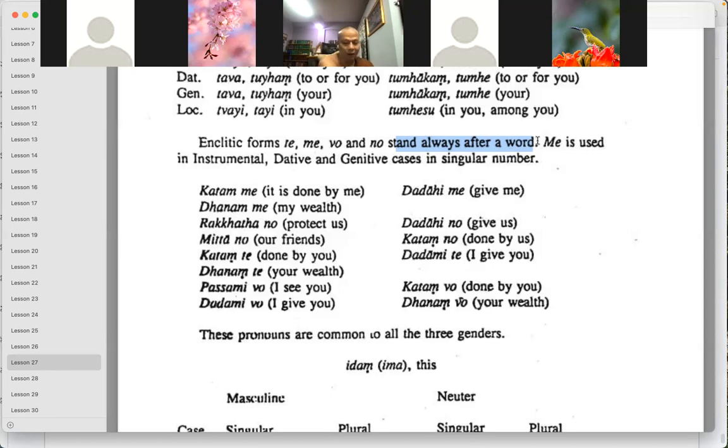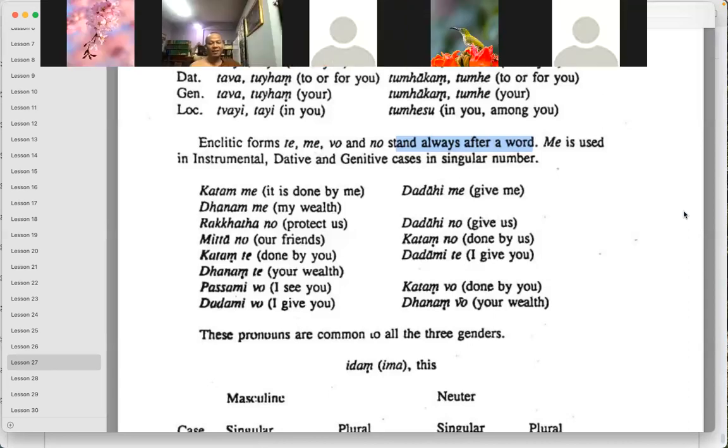Yeah, because I think it relates to punya. So a word that has a relation with me. And it's used in genitive in that case. Right. So I got that point, Bante. Thank you very much, Bante. Okay.